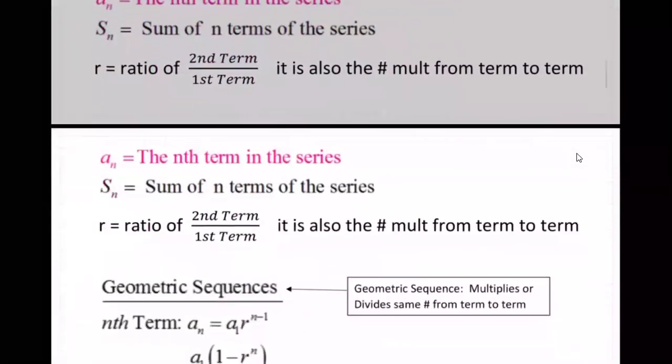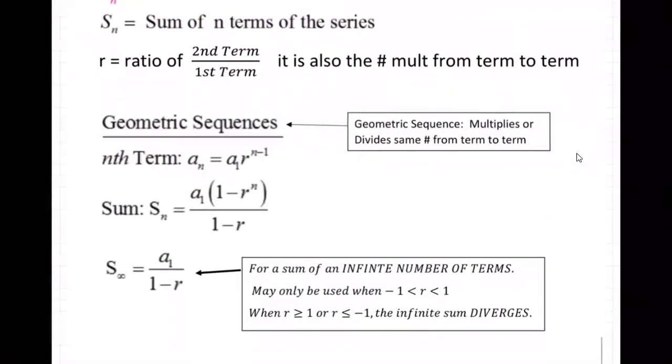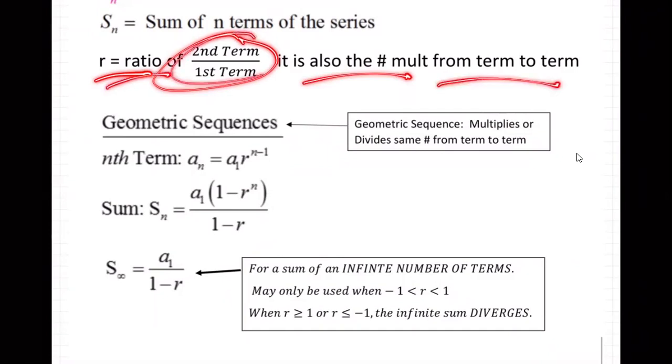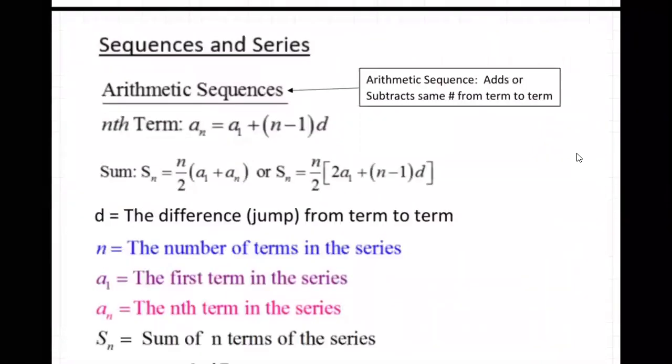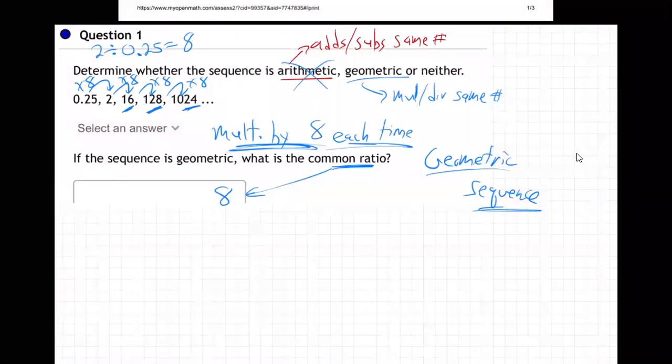So coming down here again to the notes. A geometric sequence multiplies or divides the same number from term to term, and R is the ratio, second term over first. It is also the number being multiplied from term to term. To find the ratio, you just take second term over first term, which is what I basically did right here.